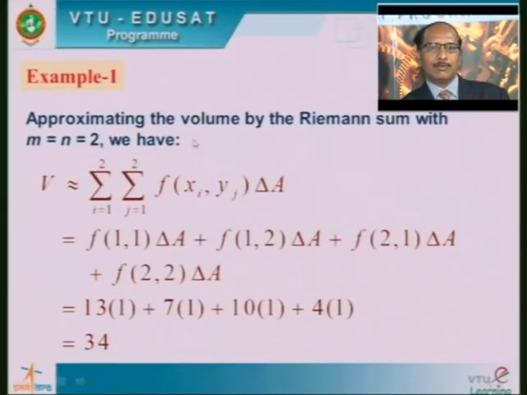Now approximating the volume by the Riemann sum, with m and n equal to 2, the number of divisions.